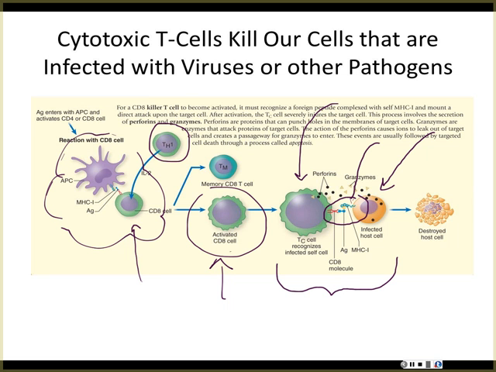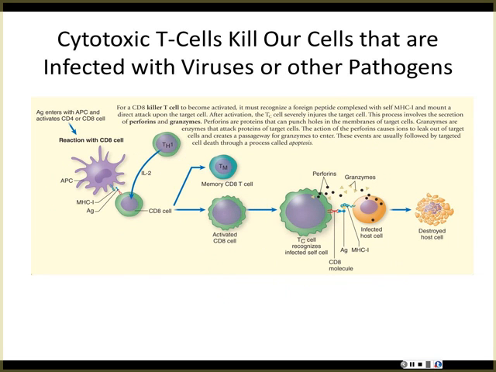It's got a little antigen piece from the virus or whatever has infected it on the surface. Cytotoxic T cell comes along and hooks up with that. And once they make that connection, the cytotoxic T cell secretes substances that cause this host cell to die. It winds up getting destroyed. And those are called perforins and granzymes, which we'll take a closer look at on the next slide.